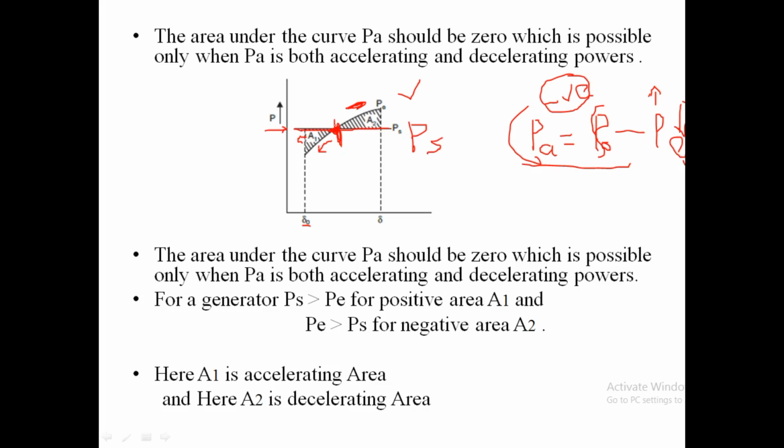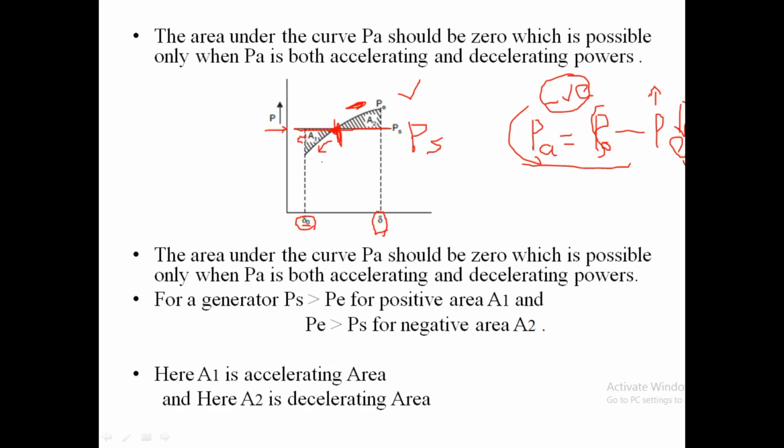With respect to this point, whenever PE is less than PS, at that time this PA is positive, which means it is acceleration. Whenever PE is greater than PS, at that time it will be negative and it is deceleration. So the areas corresponding to these two: A1 is accelerating and A2 is decelerating. These are the extreme points we discussed earlier, delta 0, where we start, and delta, where we end.